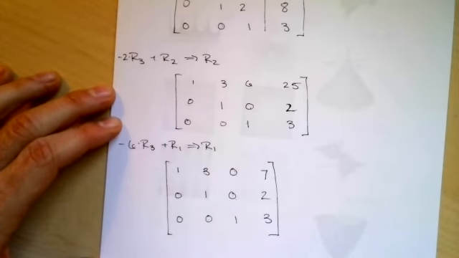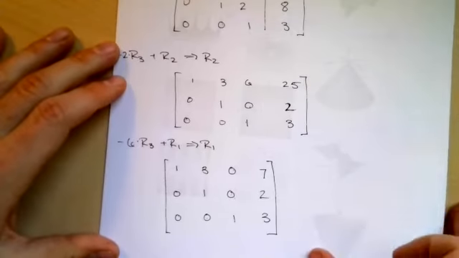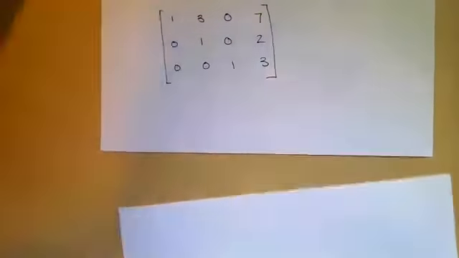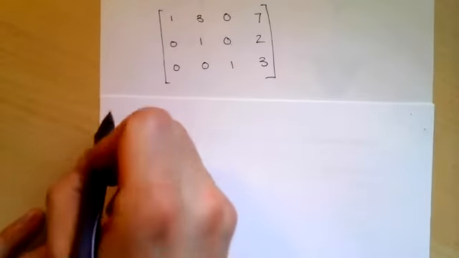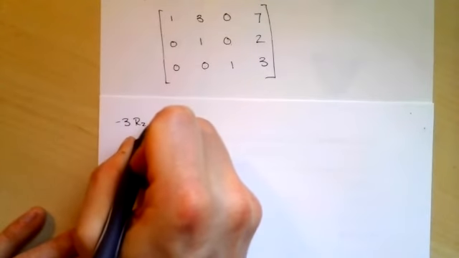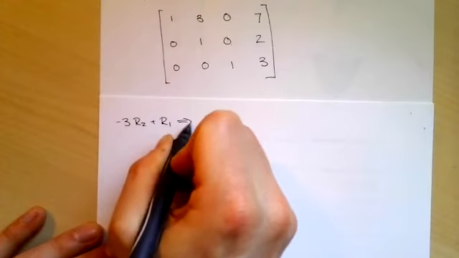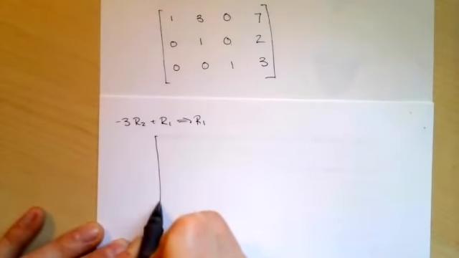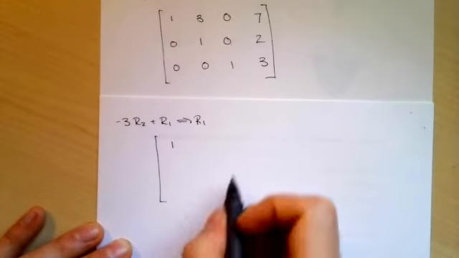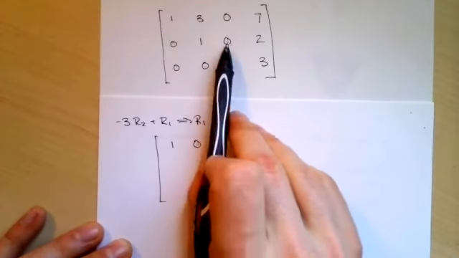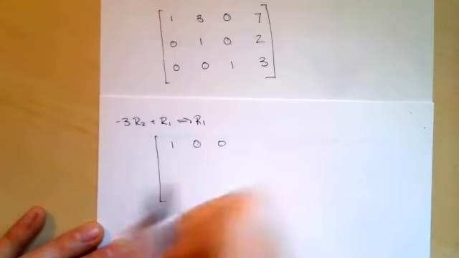And now we can get rid of this last one, the y in the first row. Let's see if I can put both of those on screen here. So our last step, what we want to do is do minus 3 times row 2 plus row 1, and then that will replace row 1. So leading entry isn't going to change. We'll have minus 3 plus 3. We eliminate that. And since we eliminated all the z's from both of those, we don't get any new z's.